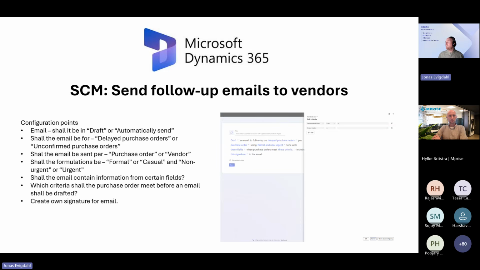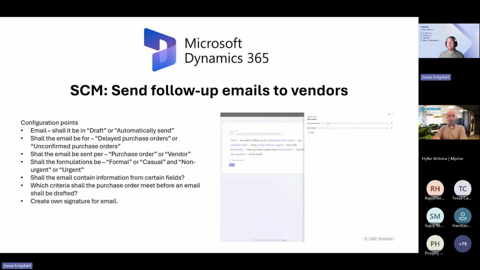If we are taking the first agent, the follow-up agent, in terms of configuration, here it's possible to actually configure how you would like the emails either to be a draft or be sent directly. It's possible to see if it should be for delayed purchase orders or unconfirmed. You can configure it by vendor or purchase order.